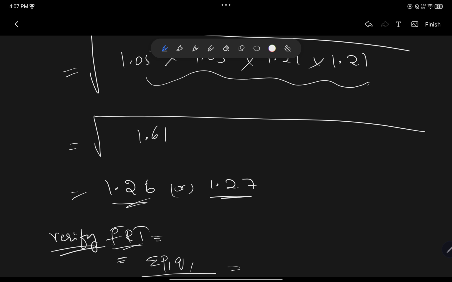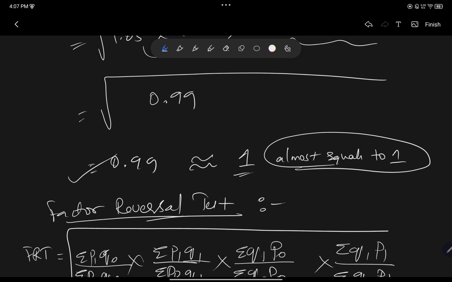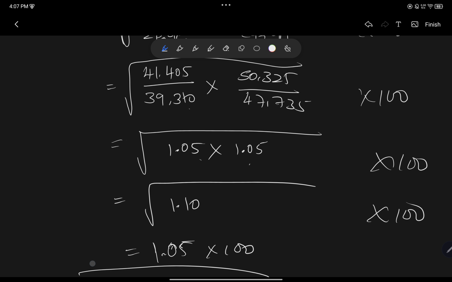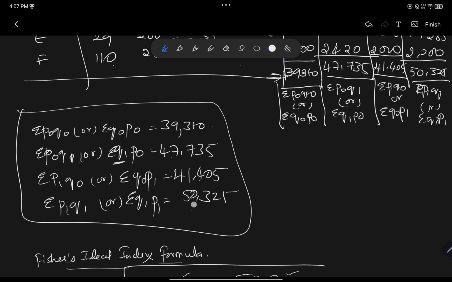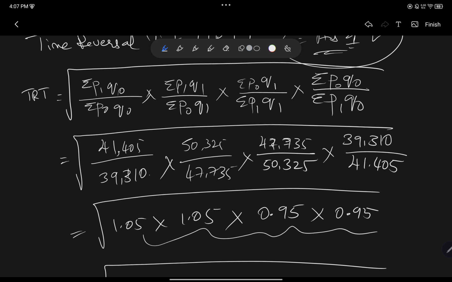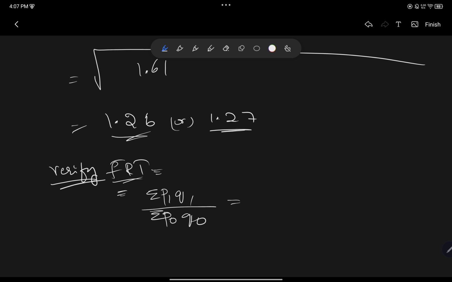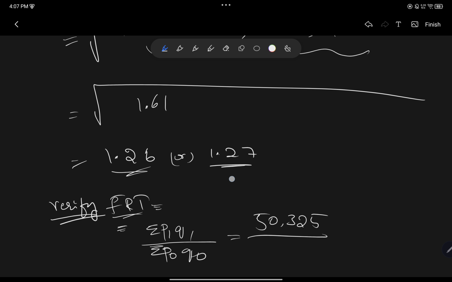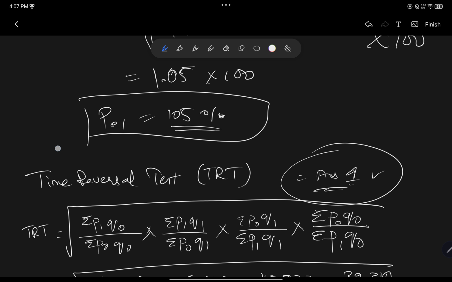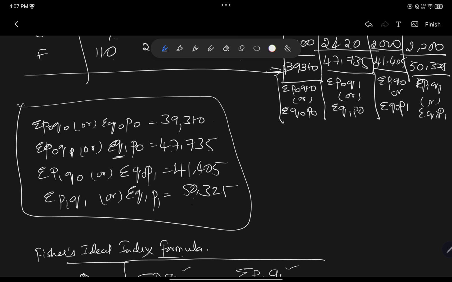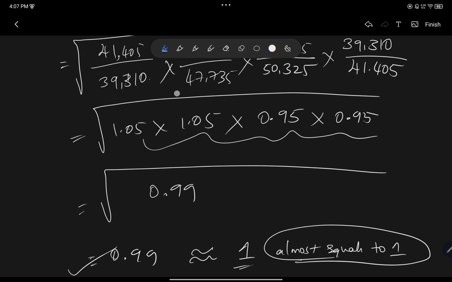Summation of P1 Q1, how much is it? If you go up and look, summation of P1 Q1 is 50,325. 50,325 divided by summation of P0 Q0. Summation of P0 Q0 is 39,310.